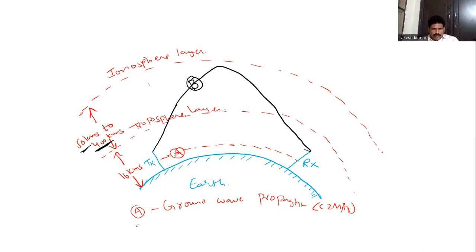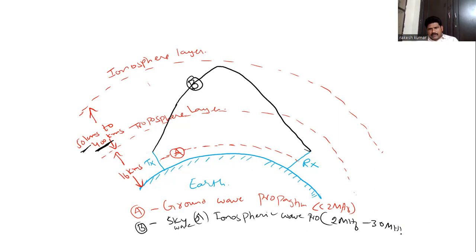What is this B? B indicates sky wave or ionospheric wave propagation. By using this, I can transmit any signals between 2 megahertz to 30 megahertz.